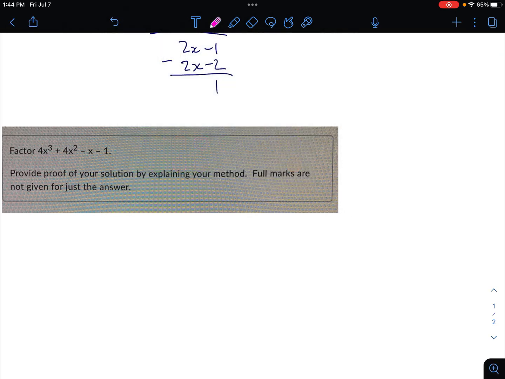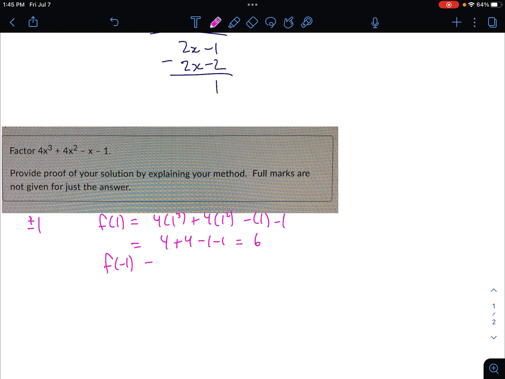When you're going to factor this, remember we're going to use our factor theorem. So we're going to try, we really just have plus or minus 1 to try. So f at plus 1 is 4 times 1 cubed plus 4 times 1 squared minus 1 minus 1, which is 4 plus 4 minus 1, which is going to be equal to 6.